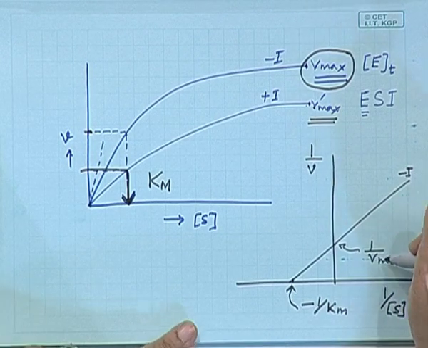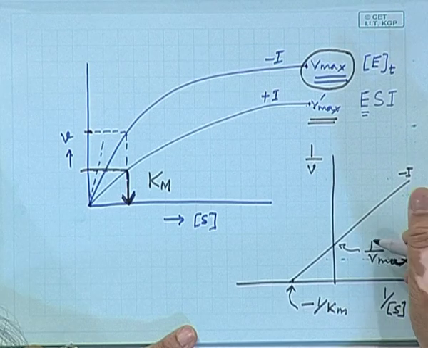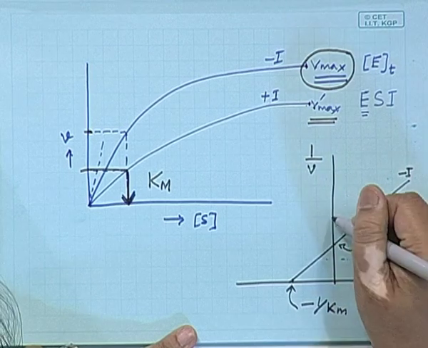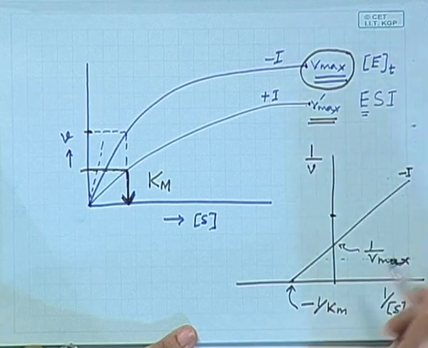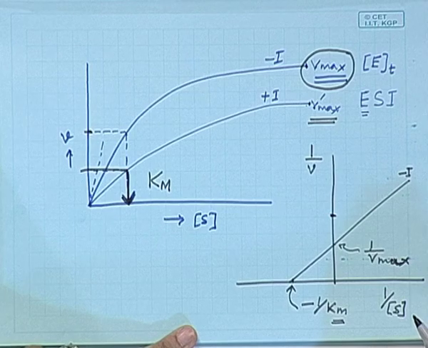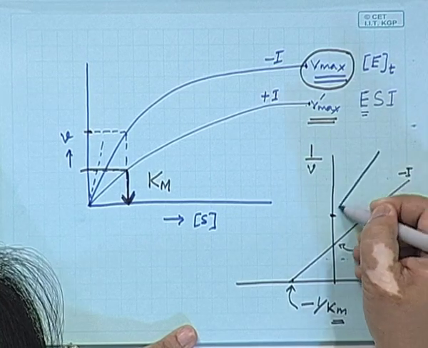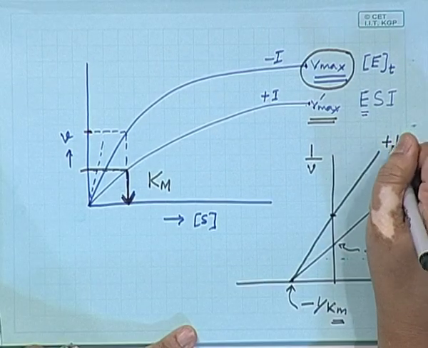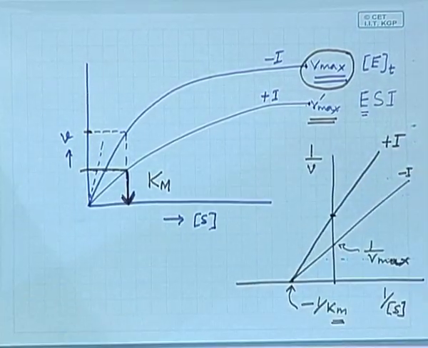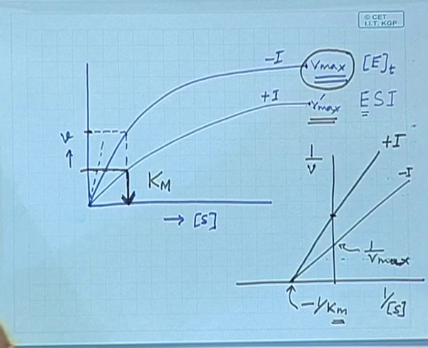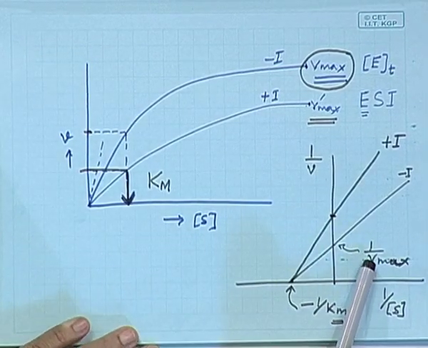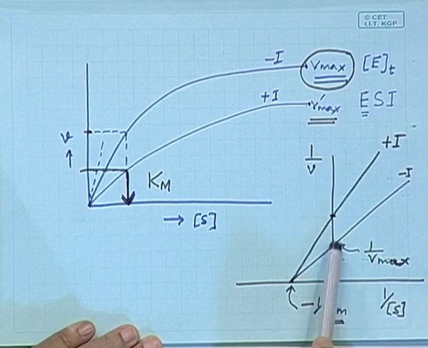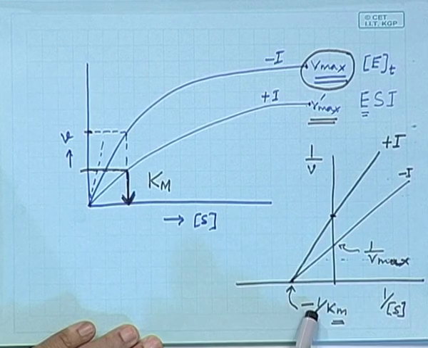My Vmax now has decreased. So, what happens to my 1 by Vmax? It increases, say somewhere here. What is my Km? Same. Plus non-competitive inhibitor. Is that clear? So, for the competitive inhibition, I have a case where the Vmax is the same, the Km is different.